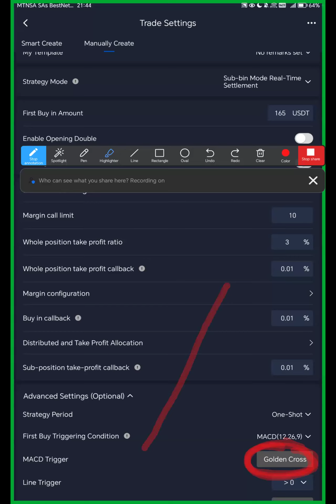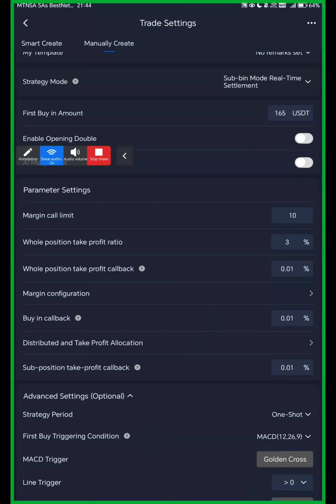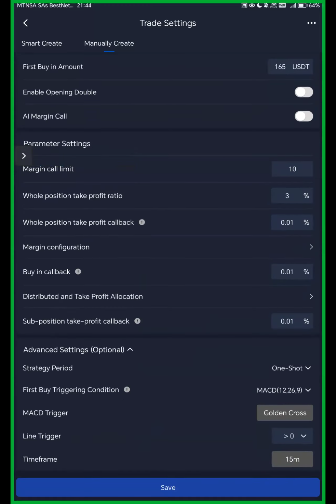Now, I want you to understand something. When the robot is monitoring the golden cross to happen so that it can make a first buy, it is looking for this golden cross, which is happening in a 15 minutes time frame.